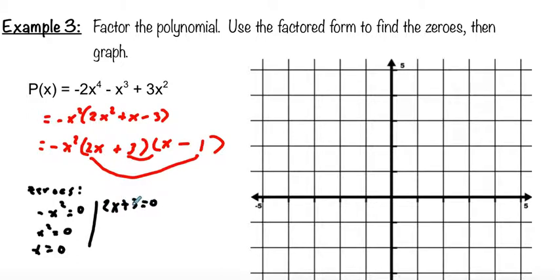If you know them, you can just name them. Subtract 3 and divide by 2. X minus 1 equals 0. Add 1. So now I can see my zeros there. I've got one here at 0. I've got one here at 1. And I've got here one at -3/2, which is -1.5.